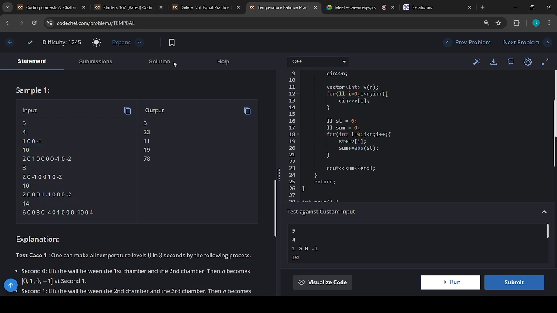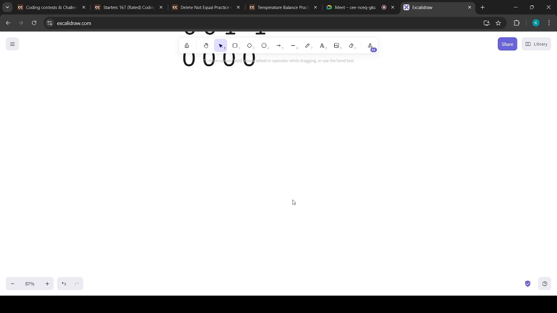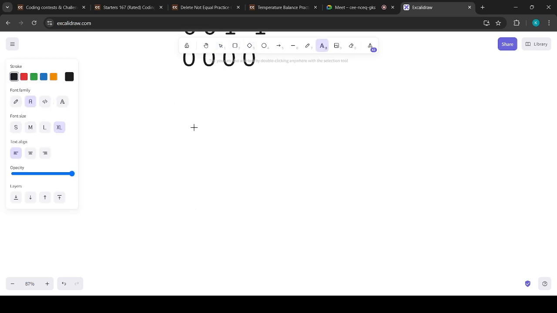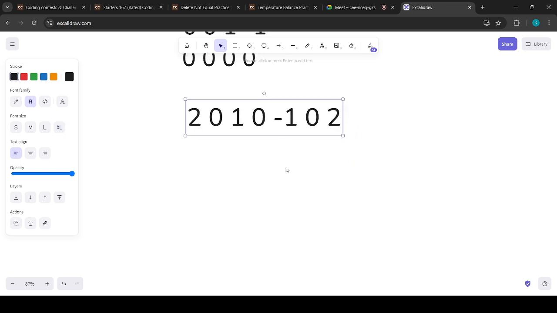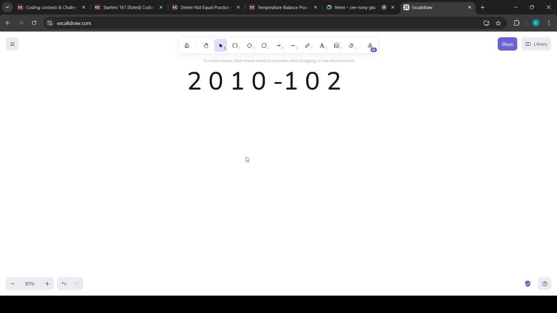So let's take another test case. Okay, 2 2, 0 1 0 -1 2. So in this, we can say that we will first neutralize the smaller one, which is 1.